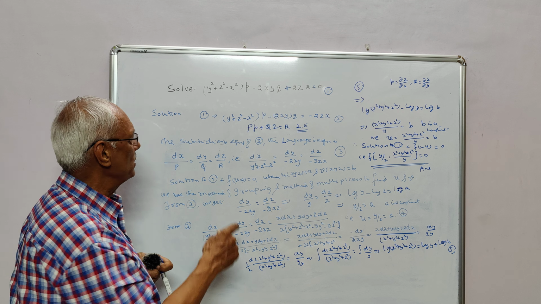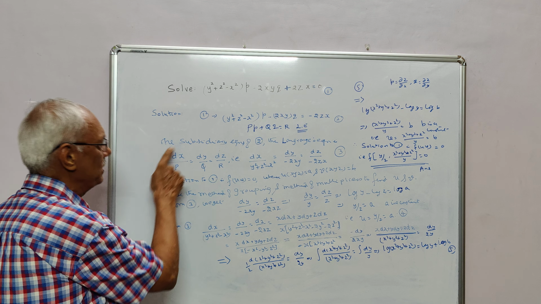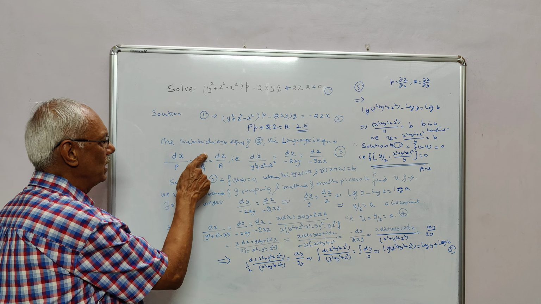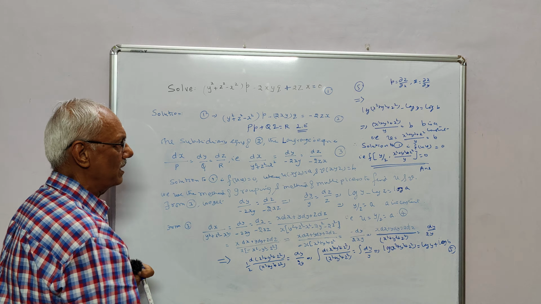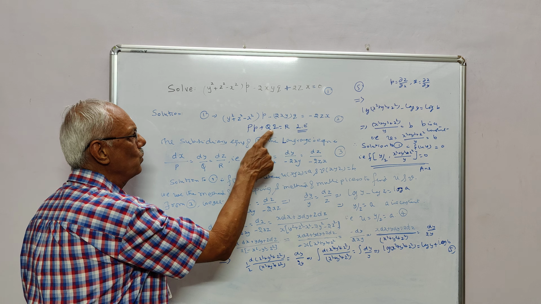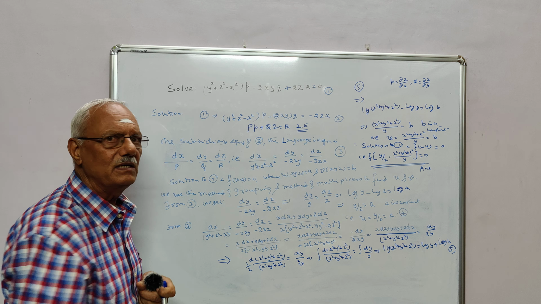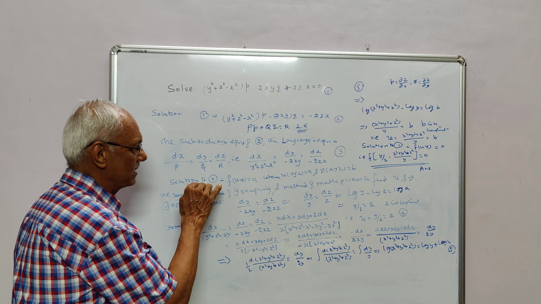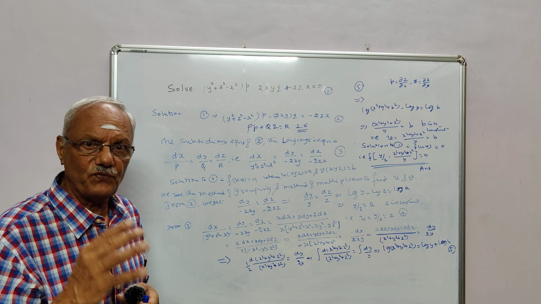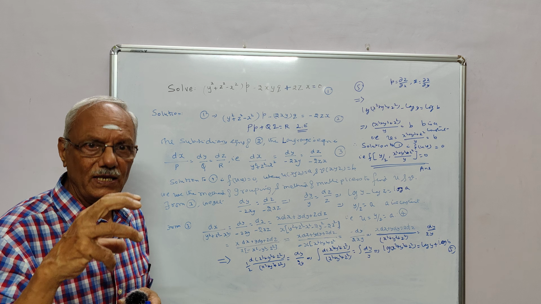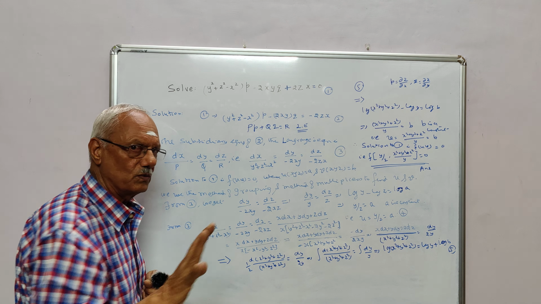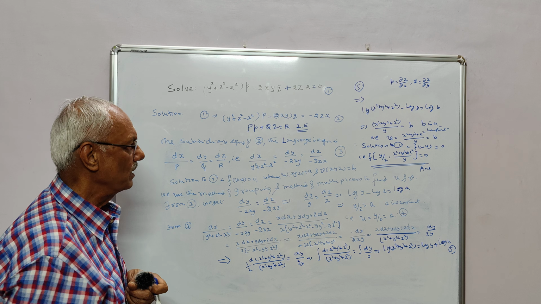This is called the subsidiary equation, which is given by dx by P is equal to dy by Q is equal to dz by R, where P, Q, R are as given in the Lagrange's equation. After writing this, our job is to find u and v, and the solution will be f of uv is equal to 0.